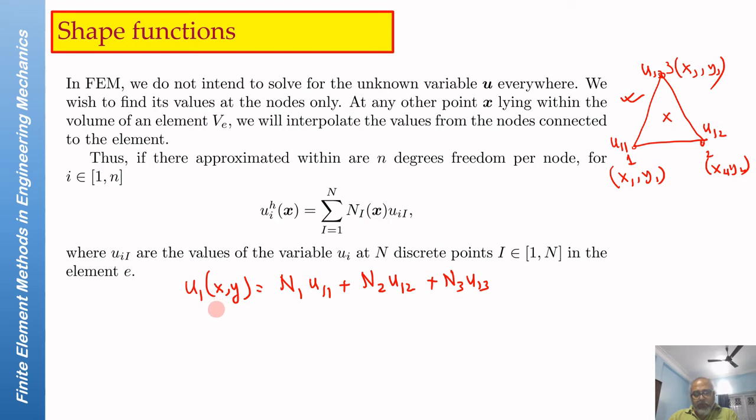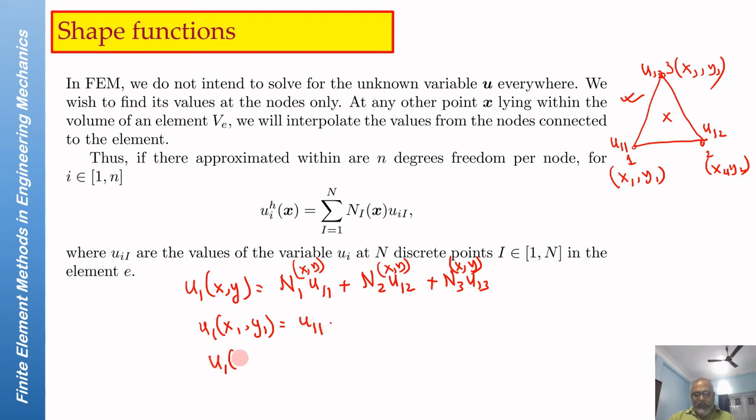Now, if I want the value at, let's say, u1 at x1, y1, then remember, n1 is a function of xy, n2 is a function of xy, and n3 is also a function of xy. So n1 at x1, y1 is 1. n2 at x1, y1 is 0 by the Kronecker delta property. n3 at x1, y1 is 0 as well. So if n1 is 1, then this becomes equal to u11 as it should be.